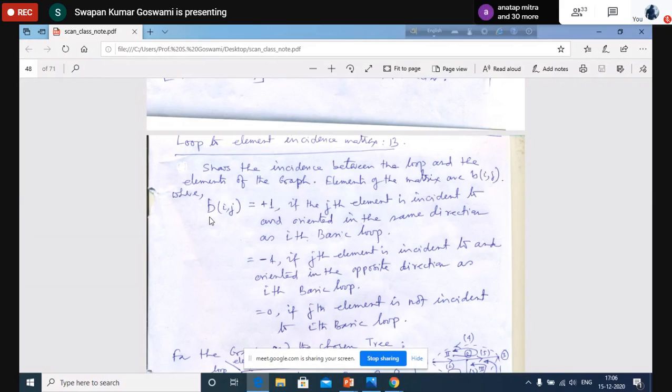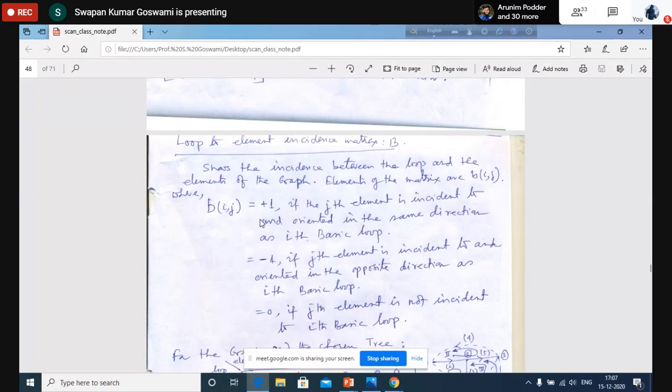So for each element of the graph, there will be an entry in the B matrix. Therefore rows will correspond to loops, because the matrix B is an incidence matrix between the loop and the element, and columns will correspond to elements.